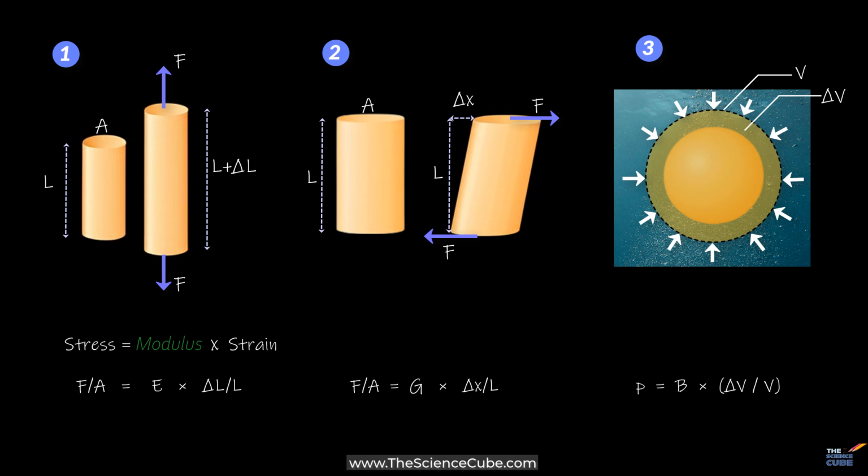That is, the pressure on the surface of an immersed object is the same no matter how the surface is oriented. And that is the reason pressure is a scalar quantity, not a vector quantity. So here the equation can be written as P is equal to B into delta V upon V.